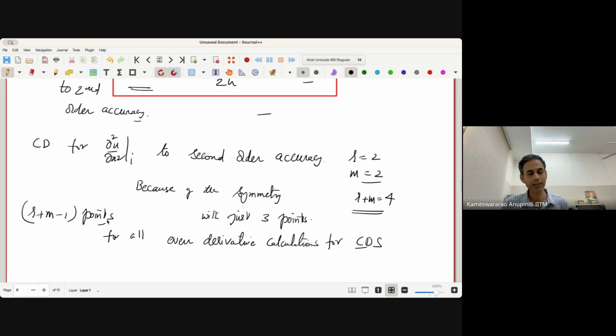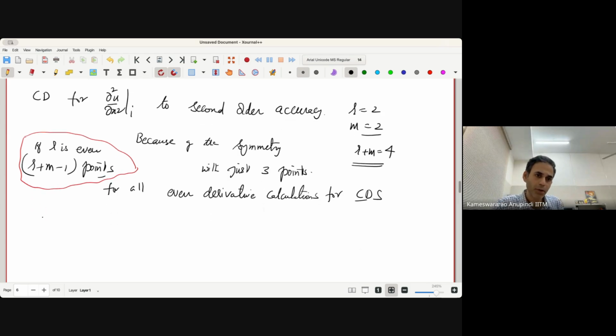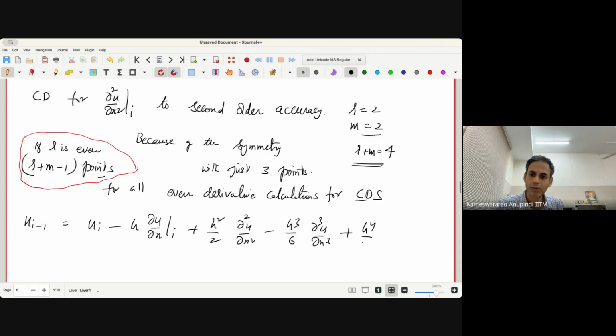Okay, when you apply central difference scheme, if r is even, then what we want is this. Okay, what we need is this thing. So to do this again, let me write down what we have done before. u_{i-1} equals u_i minus h times ∂u/∂x at i plus h square by 2 ∂²u/∂x² minus h cube by 6 ∂³u/∂x³ plus h power 4 by 24 ∂⁴u/∂x⁴, right?